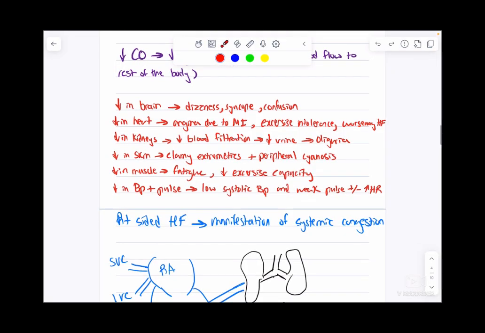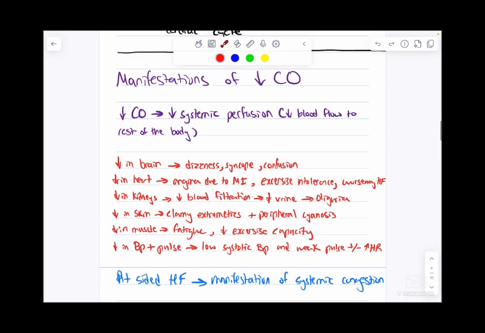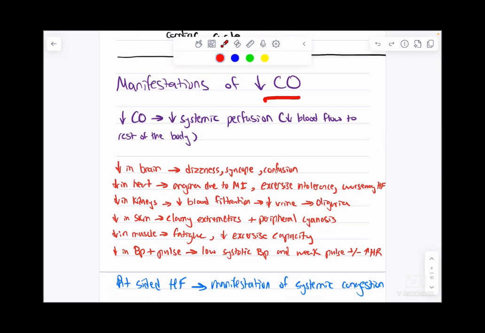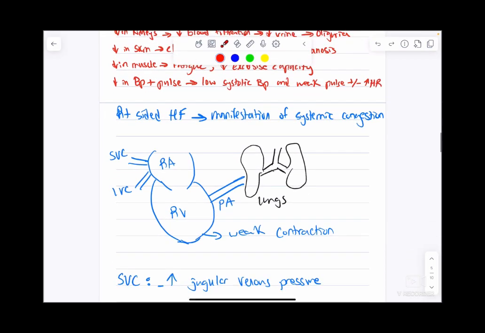Okay, and weak pulse and increased heart rate, because the low systolic blood pressure obviously causes weak pulse, and plus or minus increase of the heart rate. The heart has to work harder because of the lack of perfusion. So low cardiac output causes decreased systemic perfusion.